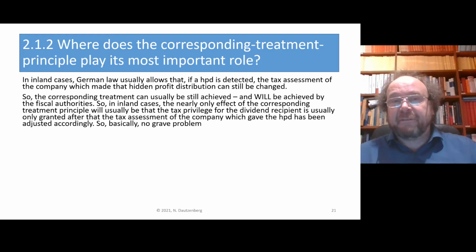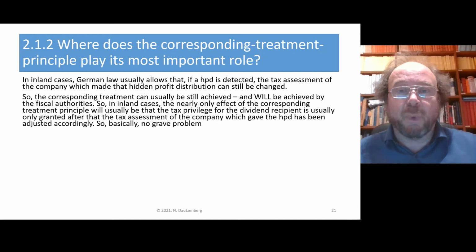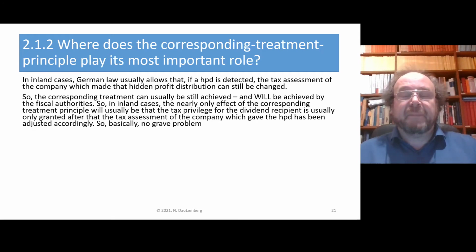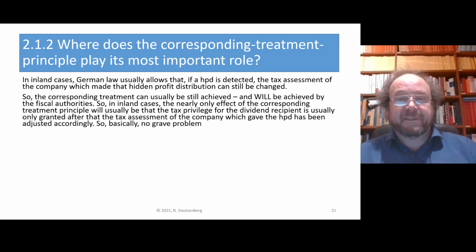But now imagine we have a cross-border case. In that case, everything is different. Why? Because imagine you get a dividend payment from Paris. No, a hidden profit distribution from Paris. Let's say somebody in Paris only asked a price of 20,000 for something which was worth 100,000. So they gave you 80,000 of service or part of a good for free. So you received a dividend.